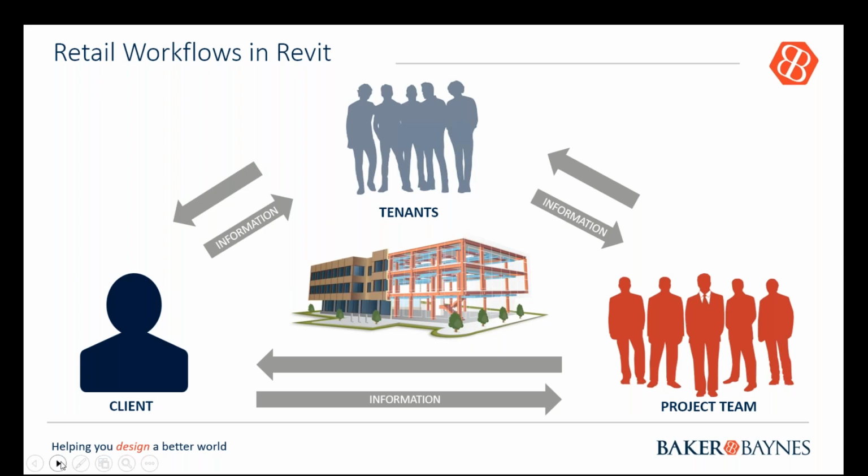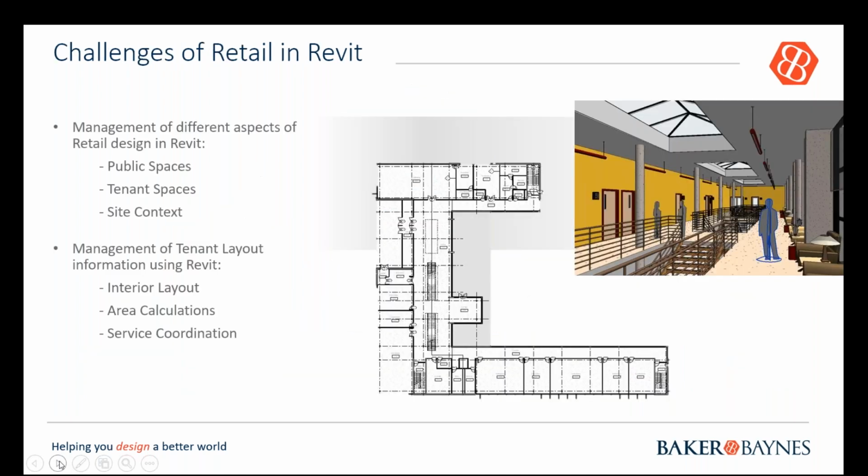So some of the challenges in there would be how do you manage the different aspects of retail design in Revit? Things like the public spaces, the spaces like your toilets, your ablutions, your main space areas, your internal areas. What about even your tenant spaces, the shops itself?